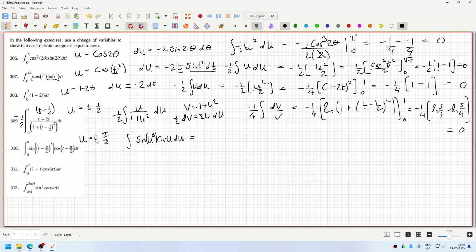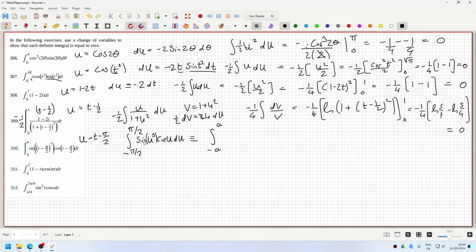When t is 0, u is minus pi over 2. And then when it's pi over 2, this would be in the form of integrating from minus a to a.